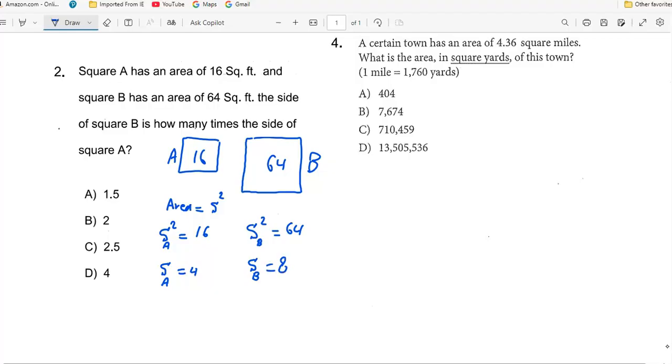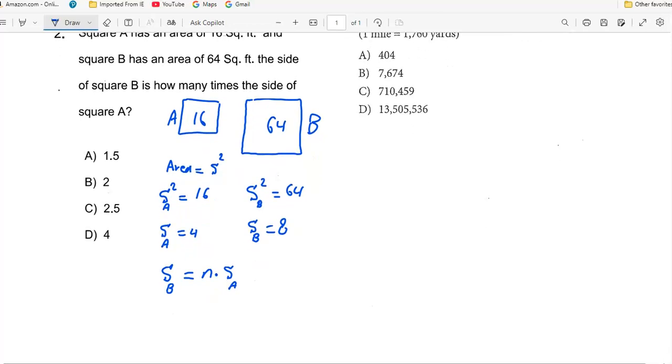So now we're going to compare between these two sides. They said the side of square B is how many times the side of square A. So you multiply n times the side of square A. From this equation you can find n, which is how many times the side of square B is.